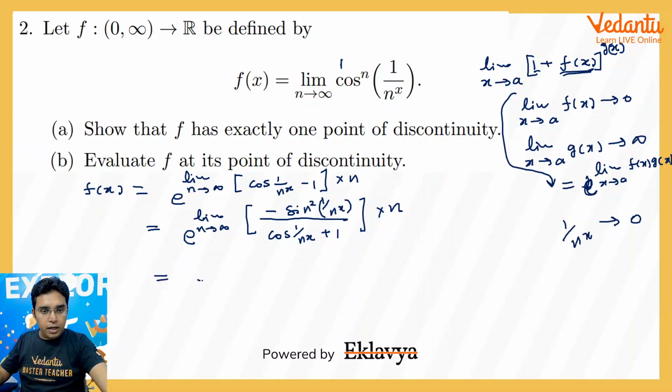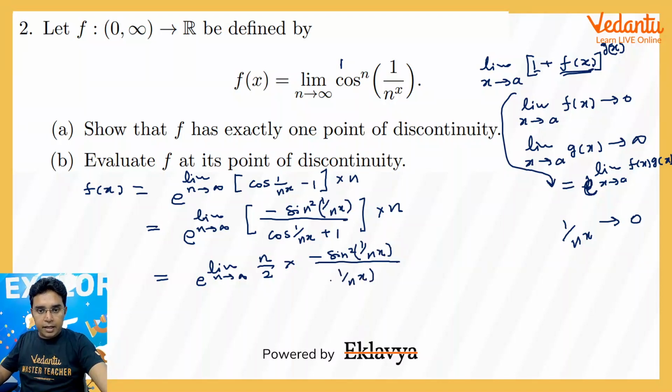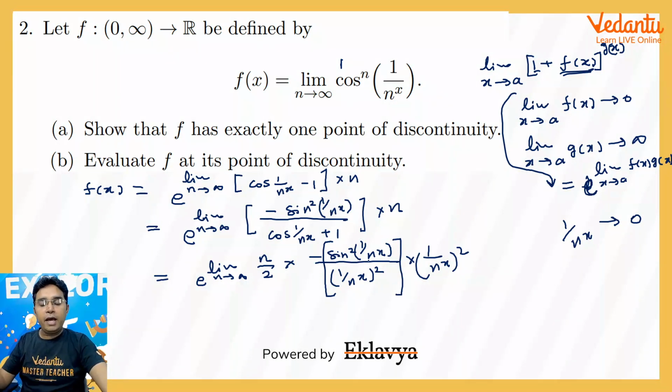So I will write this as limit n approaches infinity, and cos 0 will be 1, so this will be 1 by 2, into minus sine square of 1 upon n power x. To make it a standard limit, I will multiply and divide by 1 upon n power x square, and this thing will become equal to 1, because it is sin x upon x form, where x is approaching 0.